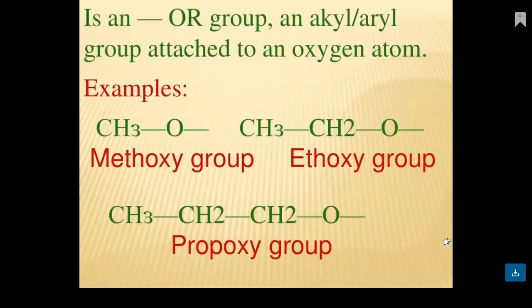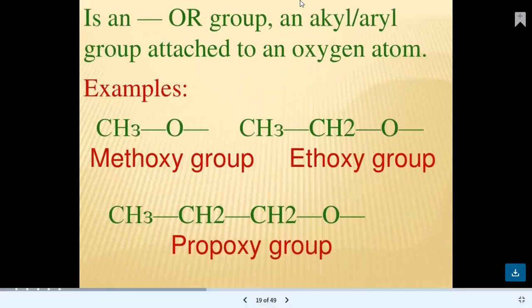Let's see this. Okay, the alkoxy group is when you have OR, alkyl or aryl. Alkyl means an alkane, an aliphatic radical, and aryl means a benzene, a phenyl.